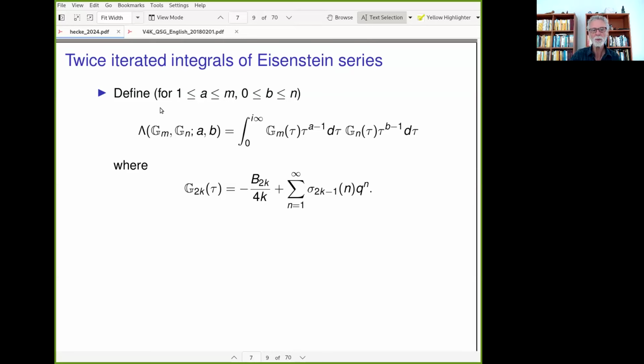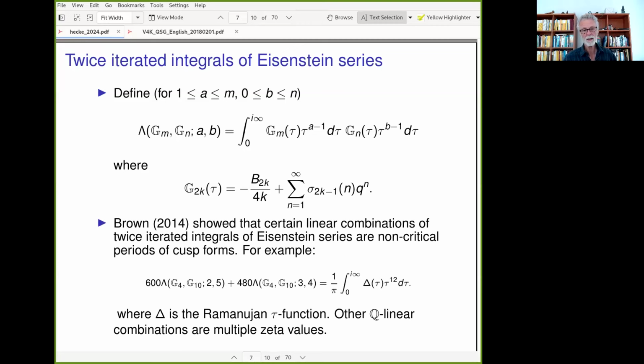So this is a multiple modular value of a pair of Eisenstein series, and then you have two additional weights, this a and the b. And I think that should be a strict inequality there. So you get these numbers.